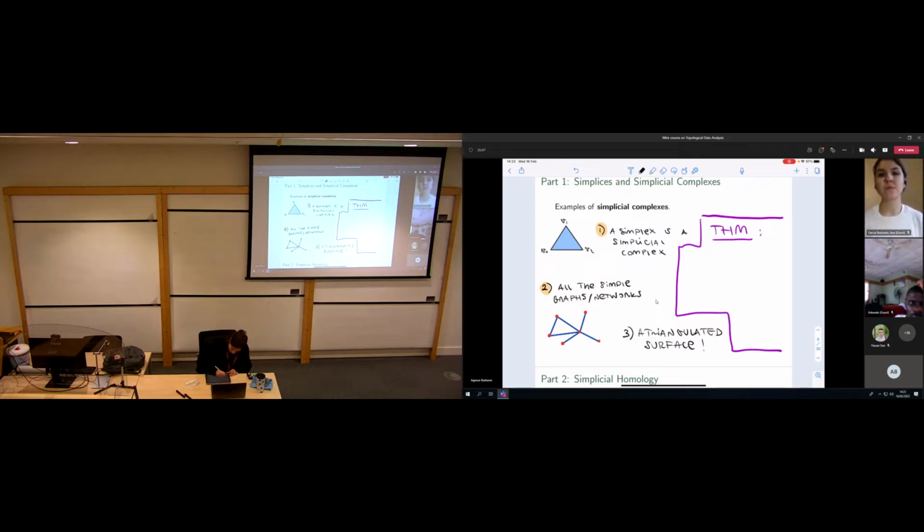In particular, these are simplicial complexes made up by simplices of dimension 0 and dimension 1. If you're into computer graphics, any triangulated surface can be thought of as a simplicial complex. So, if you imagine a triangulated sphere, that's a nice example of a simplicial complex.